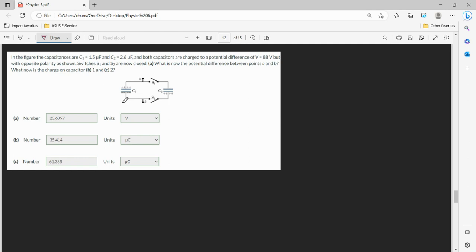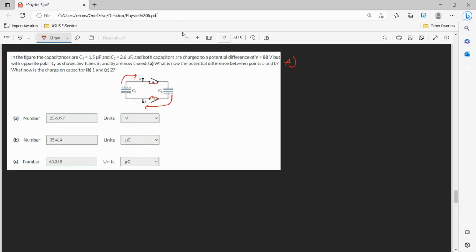And what is now the charge on capacitor 1 and 2? Okay, so we want the total of our system first. So when these switches are closed, then our charge gets to be distributed here, and our charge will flow there.